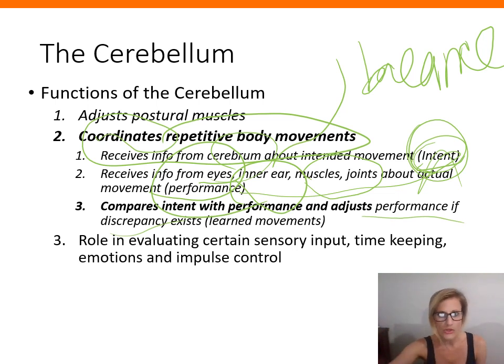The cerebellum also does have some role in emotions and in impulse control. So for example, in patients who have ADHD, attention deficit hyperactivity disorder, there's a lot of impulse control problems.